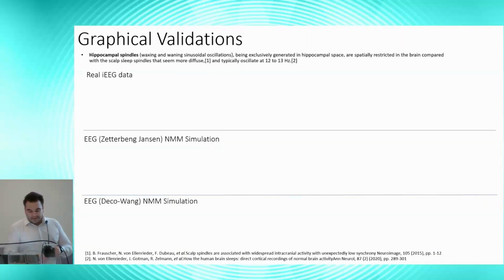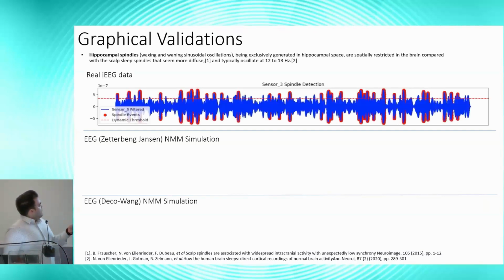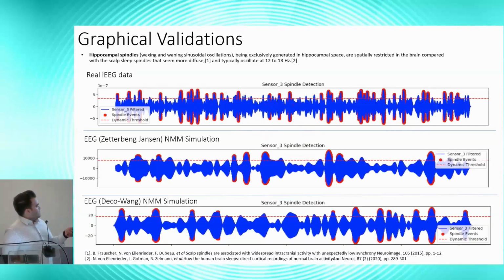Next, on the graphical validation, is the presence of hippocampal spindles. These are waxing and waning sinusoidal oscillations between 12 and 13 hertz. And here in red, we can see the spindle events. This is for real data, and this is the result for the simulated data.